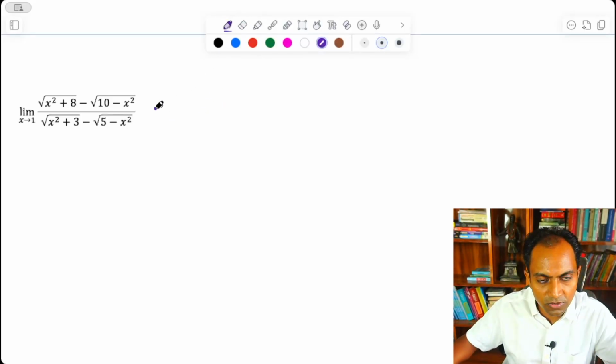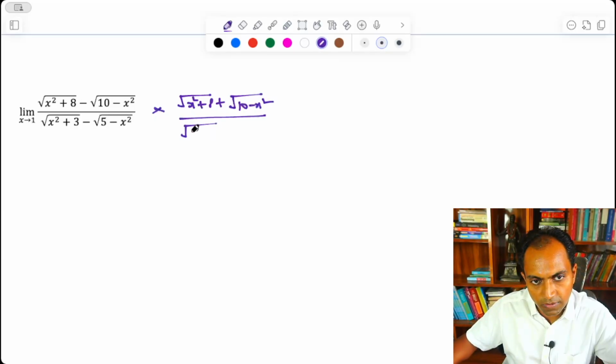And now it is based on double rationalization. So we'll have to multiply root of x square plus 8 plus root of 10 minus x square for the numerator. Since we are multiplying, we'll also have to divide, by root of x square plus 8 plus root of 10 minus x square.